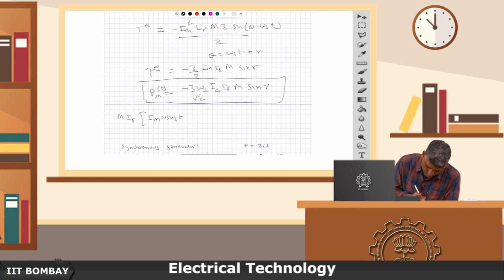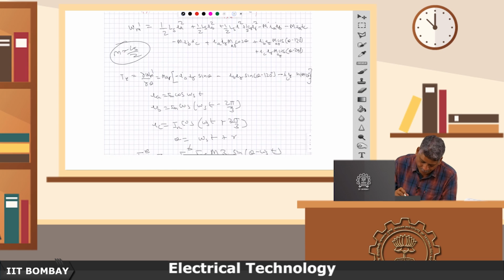The minus is also taken out common, and then this is going to be sine of theta.